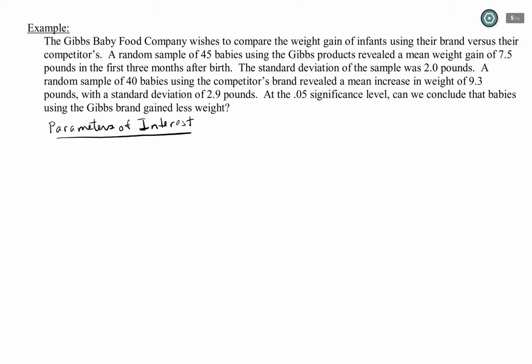And the thing that is being observed on each of the samples from those respective populations is the weight gain, and then the weight gains were averaged and the standard deviation was computed for the respective samples.